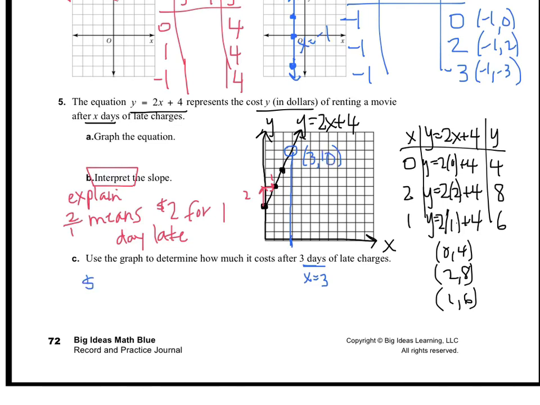So $10 would be the price, because that's the y value when the x is 3. When you plug in 3, you would get 10, right? Because y equals 2 times 3 plus 4, and that would be 10. So you can see you can get it using the equation if you want, or using the graph like it asks. Just find that point where it hits the line.